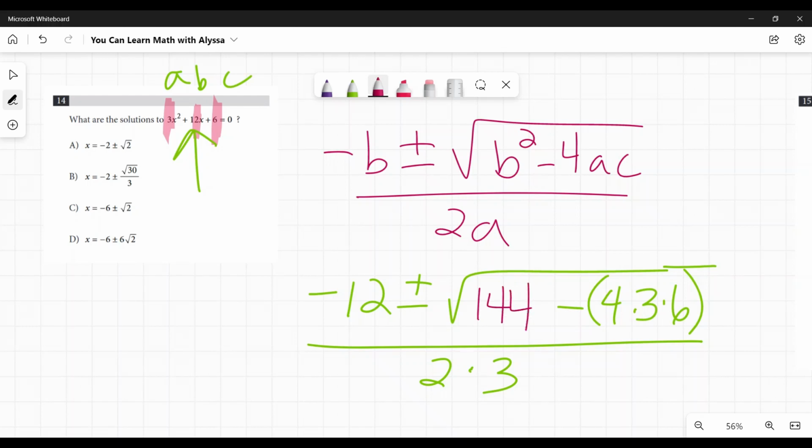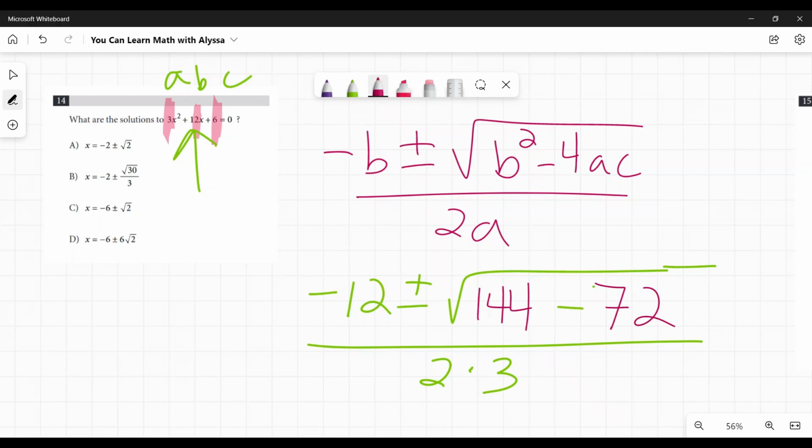Minus 4 times 3 times 6. 4 times 3 is 12. 12 times 6 is 72. Especially for these non-calculator portions, if you are feeling rusty on your times tables, it's so good to have these times tables in your head up to 12 times 12. It's going to save you a lot of time, so you're not having to figure these things out by writing them out.